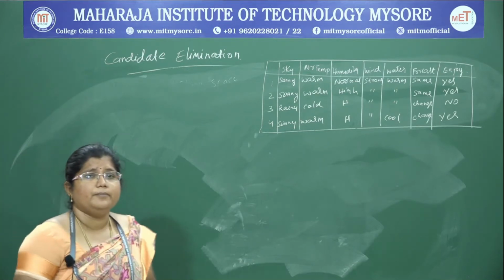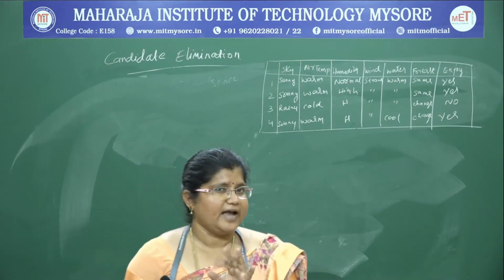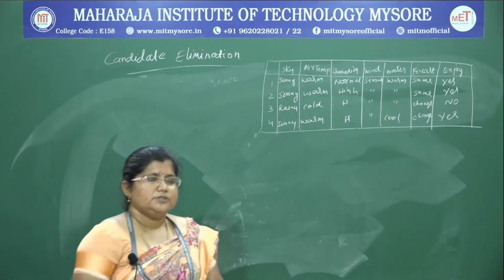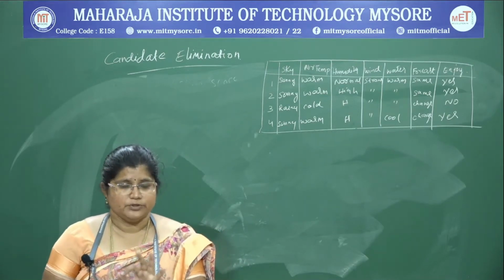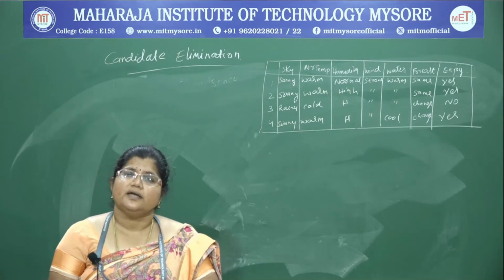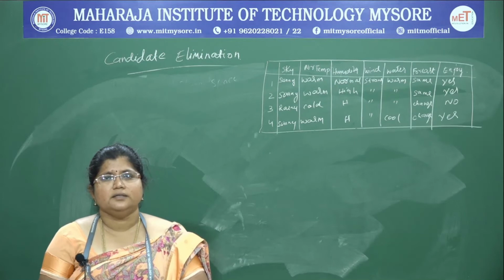So now, this is the data set. For this data set, we apply the candidate elimination algorithm, which represents both the positive and the negative training examples. Now let us start.